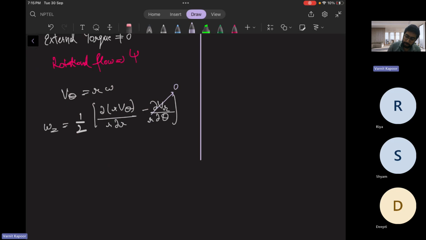We assume that radial velocity is zero, since we don't want spiral motion, so this is automatically zero.